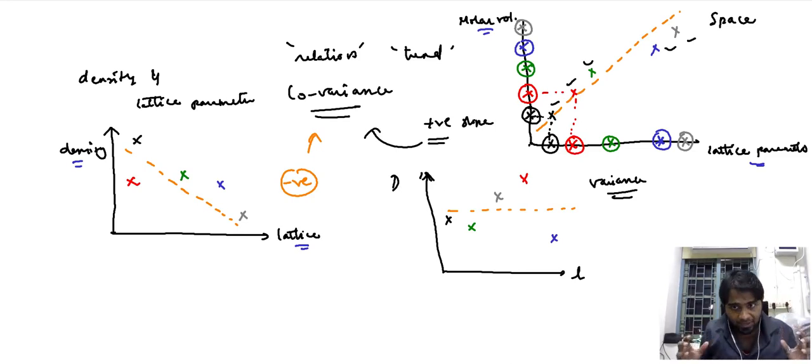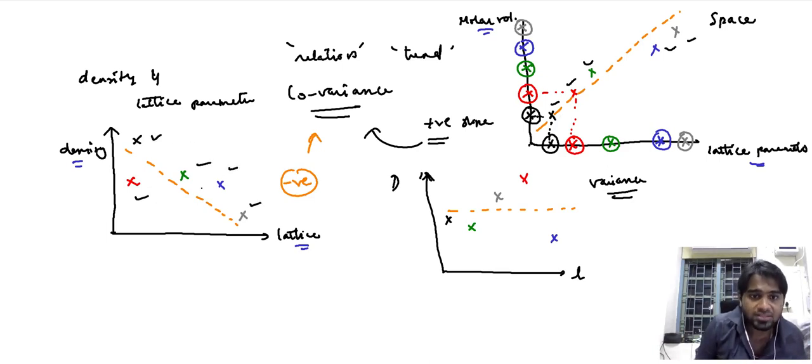Now when we say we observe a trend, what we are observing is a trend in the variance of each of these points in both these scales. When we say there is a trend in each of these points captured in the space, what we are essentially saying is there is a trend in the variance of these parameters that we have considered in the horizontal and the vertical scale.